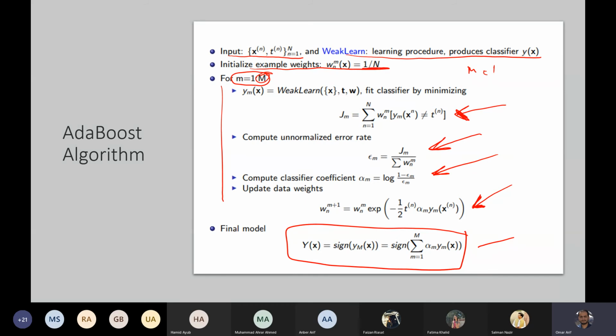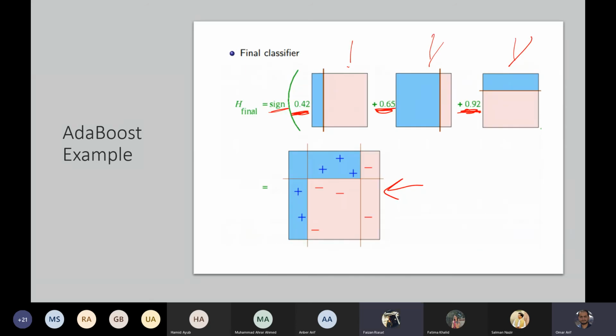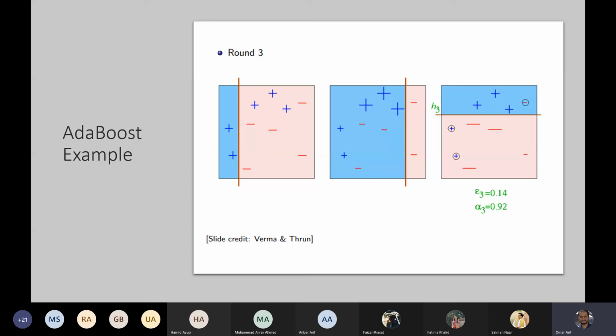For example, in this case M is 3. This is M equal to 1, this is M equal to 2, this is M equal to 3. So for each round you have classifier 1, classifier 2, classifier 3.